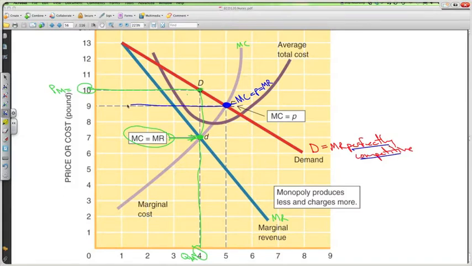And then we would come over and find that price for a competitive market would only be 9. So you have a lower price, and here 5 units would be sold. So in a competitive market, more units would be sold at a lower price. So we can see that a monopoly actually makes it worse off for consumers because they have to pay a higher price and less is being sold.